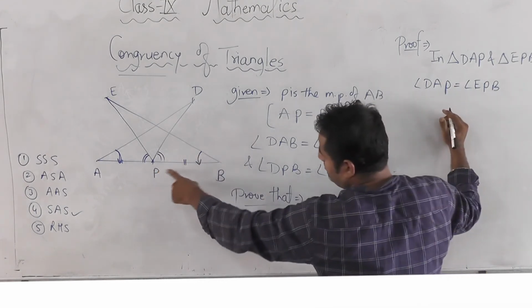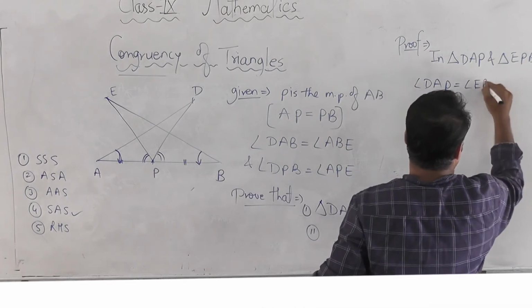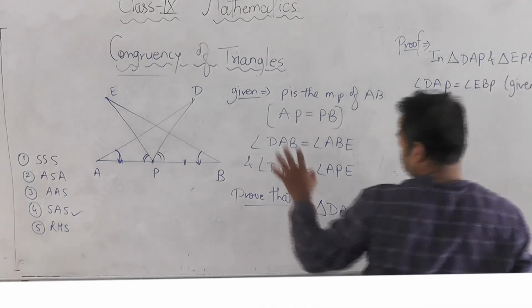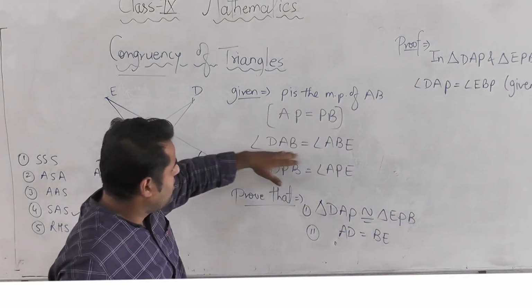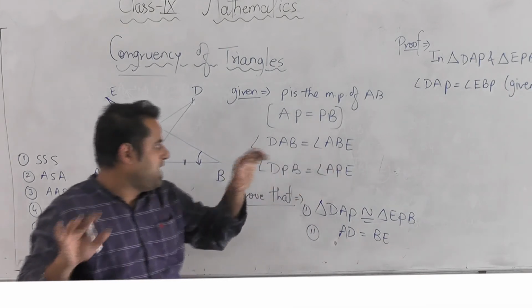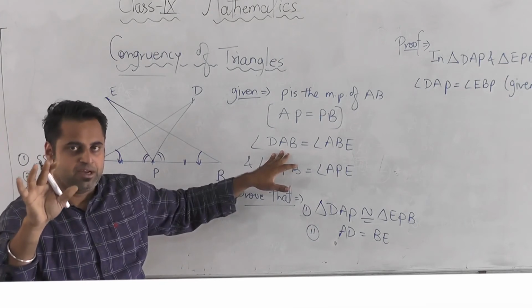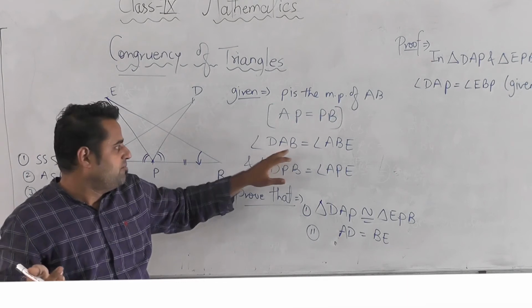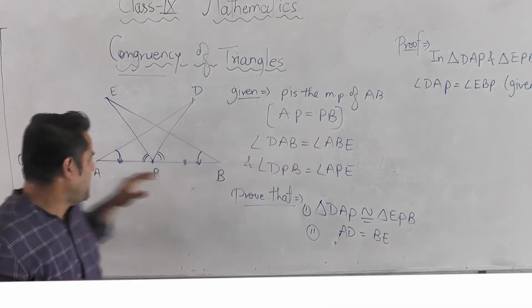Triangle DAP and triangle EBP. Okay, that is already given to us. As you can see here, I am writing DAP and EBP. The sides would be changed, but the angles are the same. DAP I am taking, but here angle DAB is given. Okay, so no problem with that.